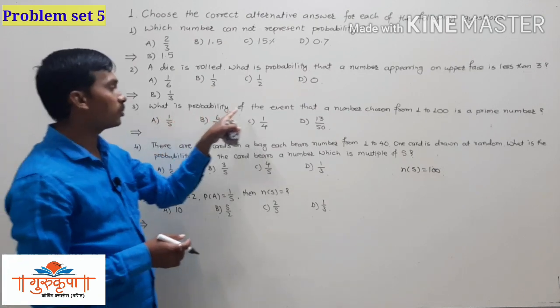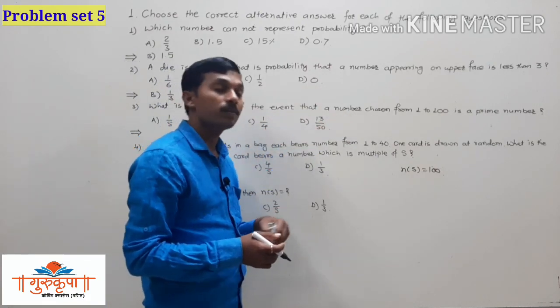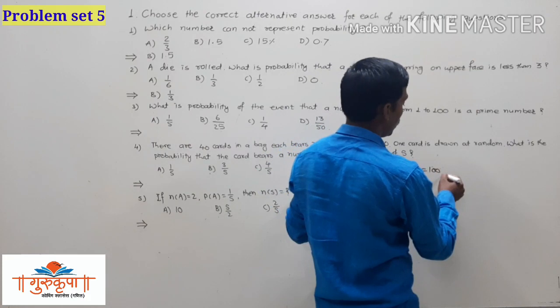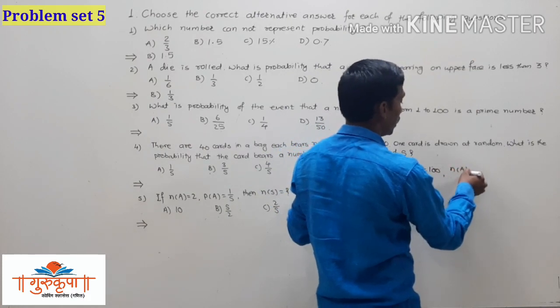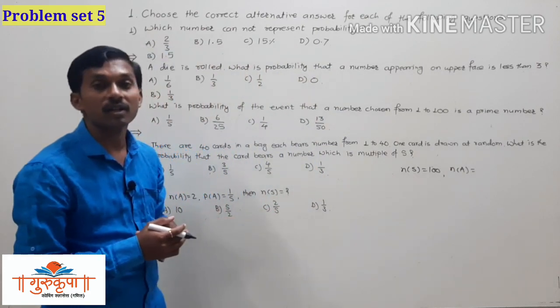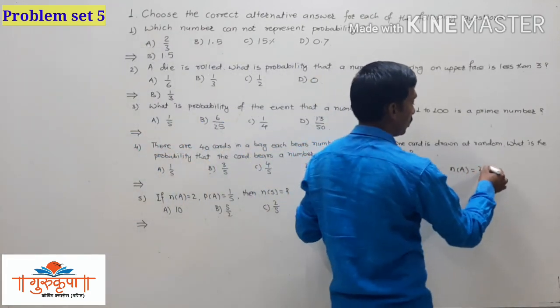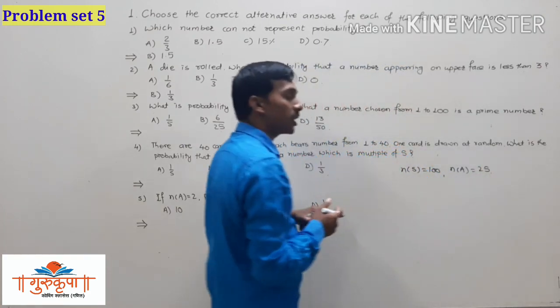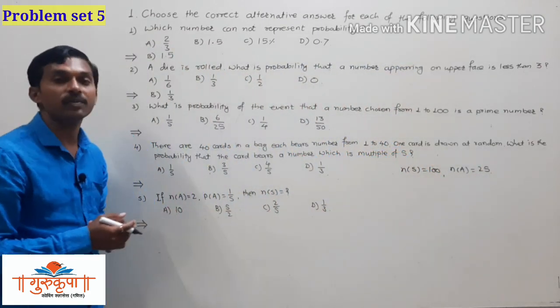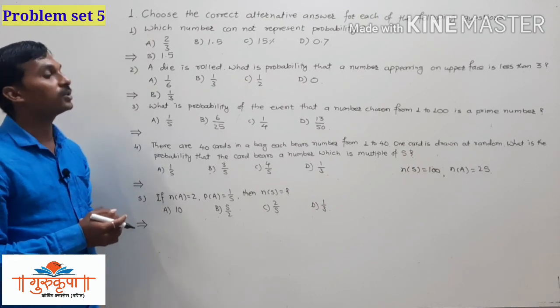Now we have to find the probability of the event that the number chosen from 1 to 100 is prime. So here we will write that event as A. And we know that from 1 to 100 there are 25 prime numbers in all. No need to make the list of each and every number there.